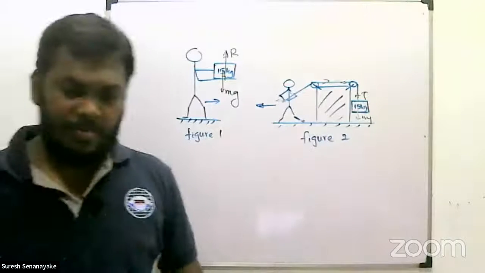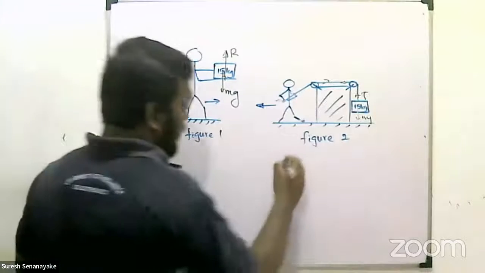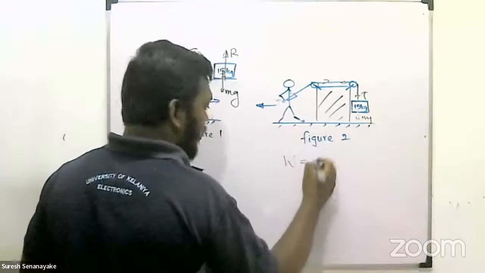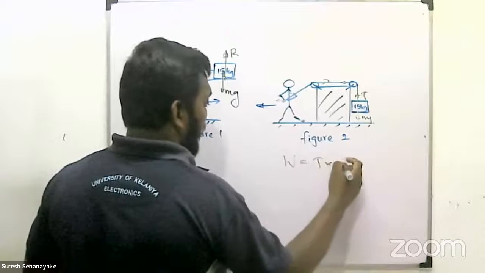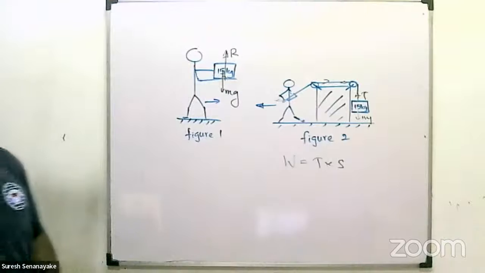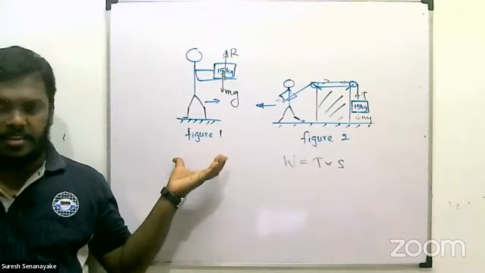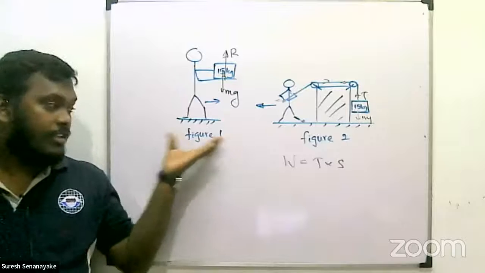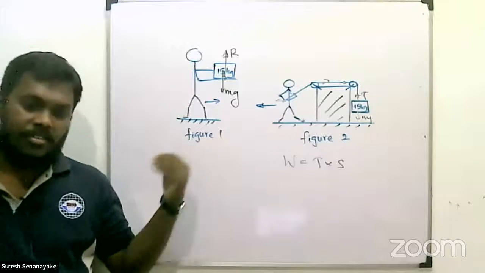Then the work done by the man equals the tension multiplied by the displacement, that is 2 meter. In the first case, there's no force acting in the direction of its motion, so no work done.